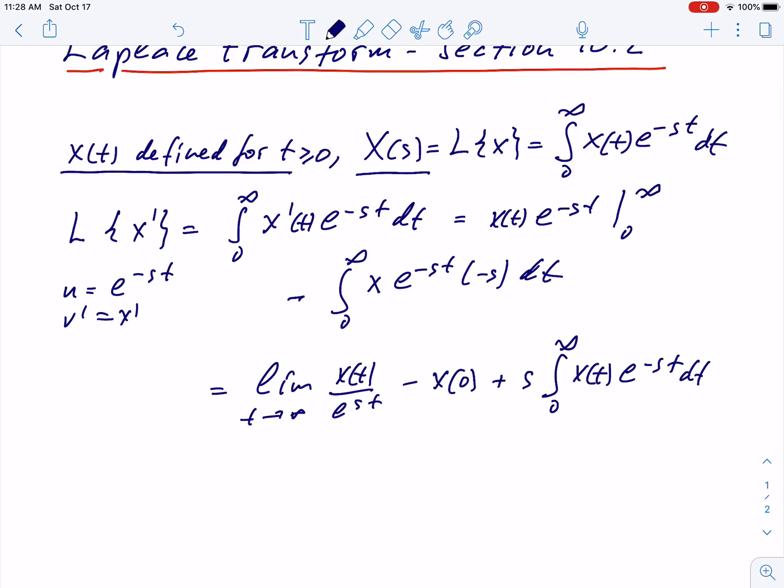Okay, what we have here in this integral is exactly the big X, the Laplace transform of the function x of t. And the limit at infinity we assume to be 0. So we assume that we're using functions such that exponential st grows faster when s is big enough.